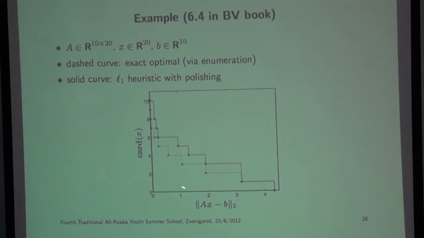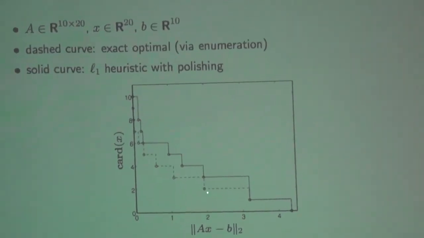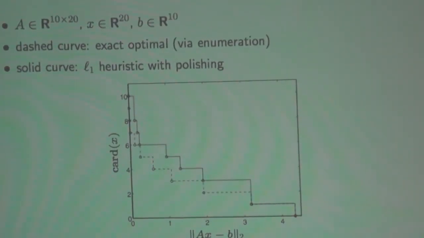For this level of error, that's the optimal, and it failed to find it, but it's close, right? And in some cases, it did find the optimal, like here and here, here, and here, and here.